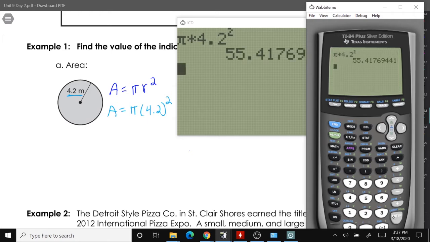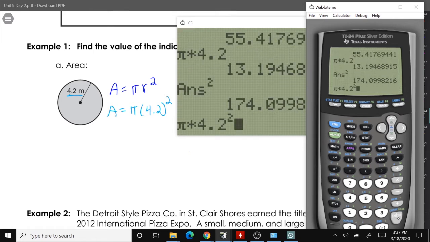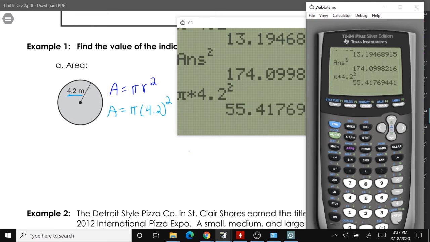Some people will want to do pi times 4.2 and then square that and get a completely different answer. No, we're going to only square the radius part. So this is how you want to type it into your calculator. So we get 55.42.